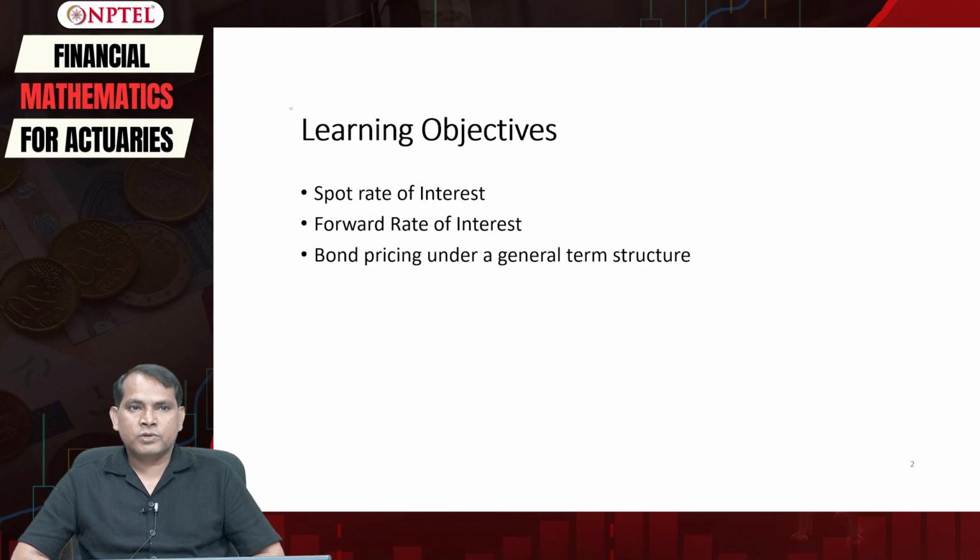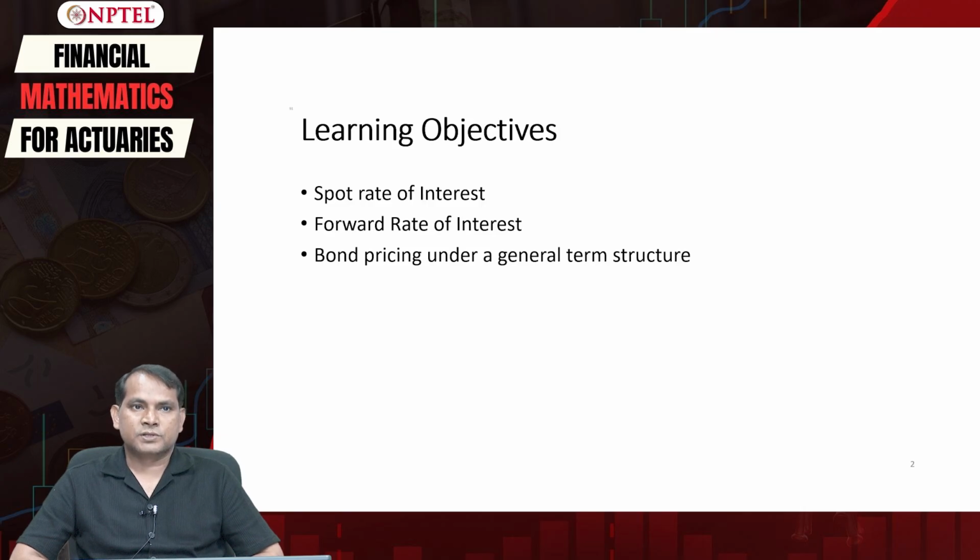So, today we are going to learn what the spot rate of interest is and what the forward rate of interest is, and how to compute the present value and future value using spot rate and forward rate. Then we will learn the relationship between the spot rate and forward rate, and also eventually the bond pricing under a general term structure.